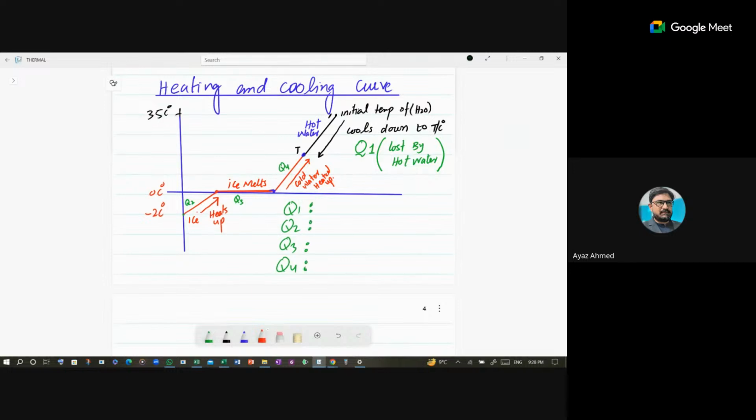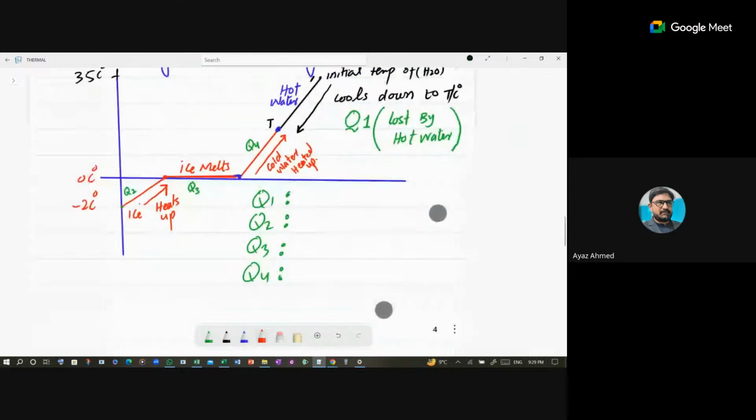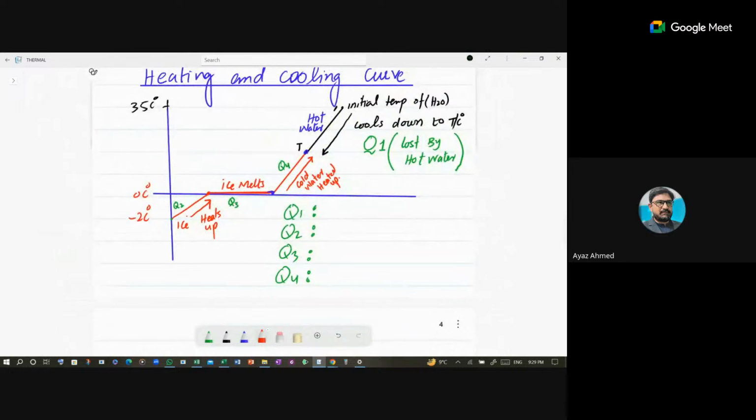If you have this question clear at any time in your life, inshallah, you will not have the misconception of heat capacity and thermal capacity. Okay, tell me, what is Q1? Q1 is the heat lost by water. Okay, what is Q2?